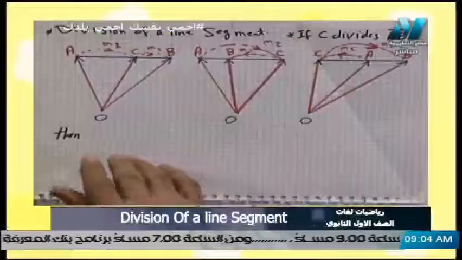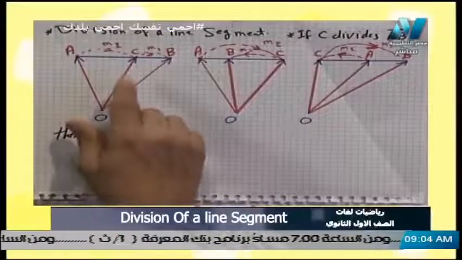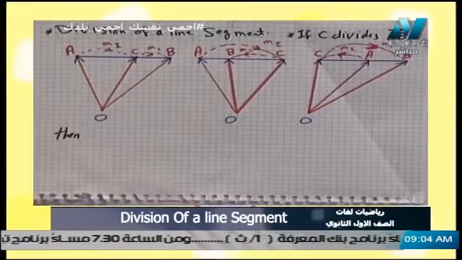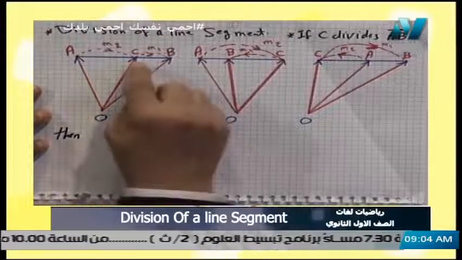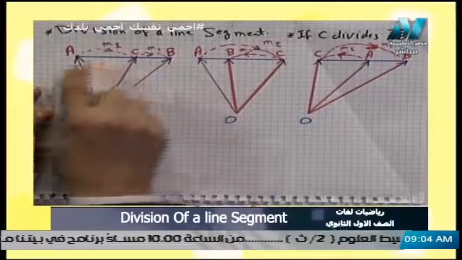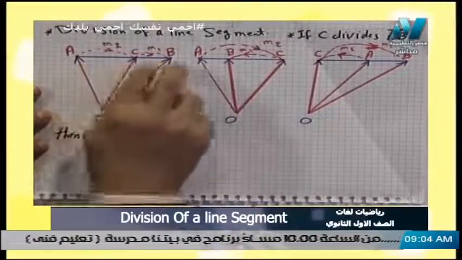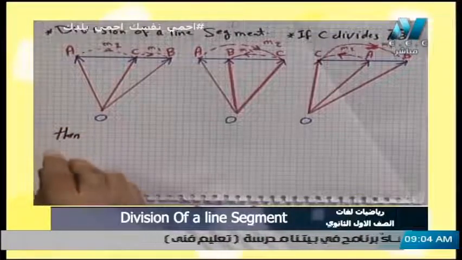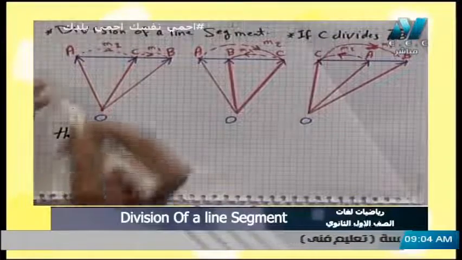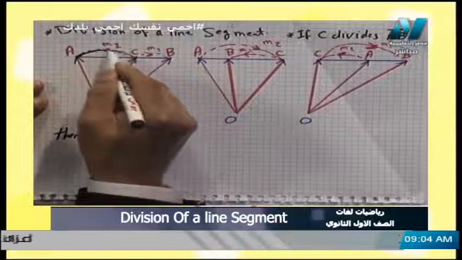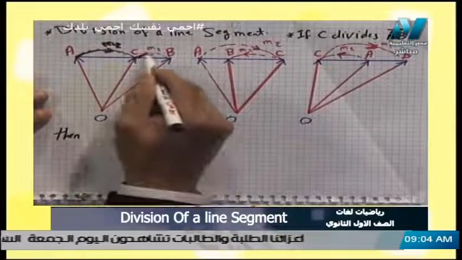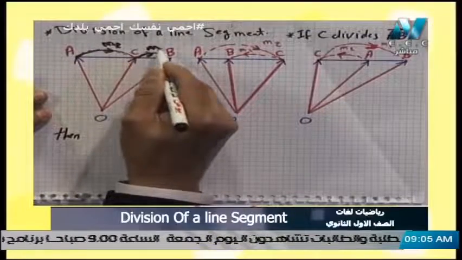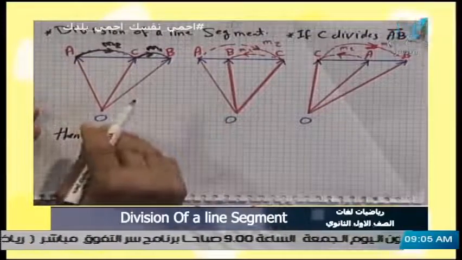Okay, and this is a division of a line segment. If we have a line segment AB and a point C divides AB into two parts, one of them we call M2, like that, and the other part we call M1.